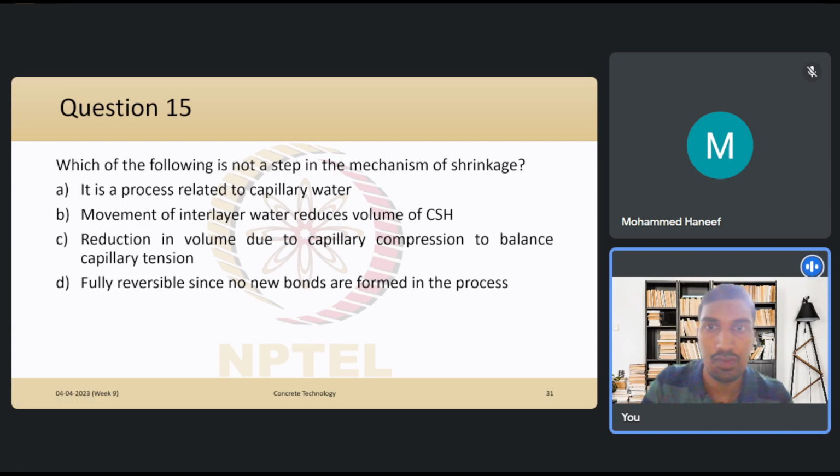So you have to say which of the following options are not correct or not involved in the shrinkage mechanism. Again, this is a multiple select question, so more than one option may be correct.